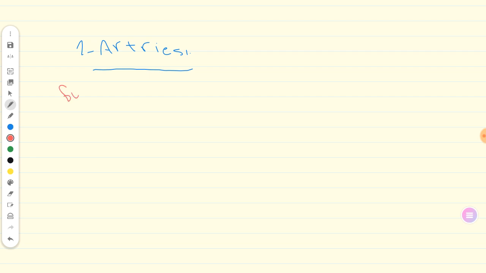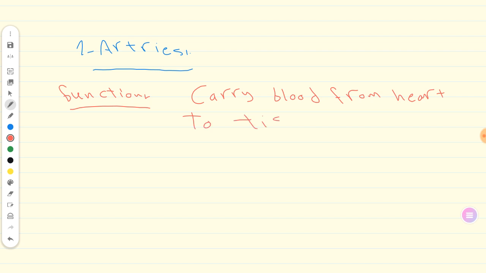The function of arteries: we know that arteries emerge or come out from the heart, so they carry blood from the heart to tissues, which means all body tissues and all body parts.